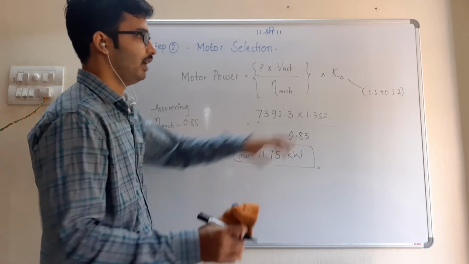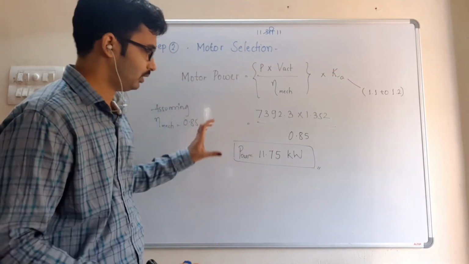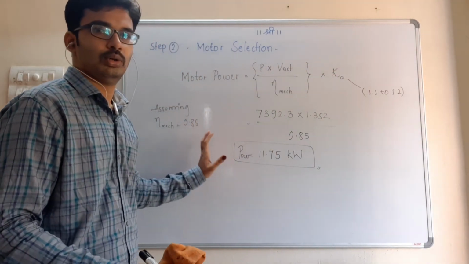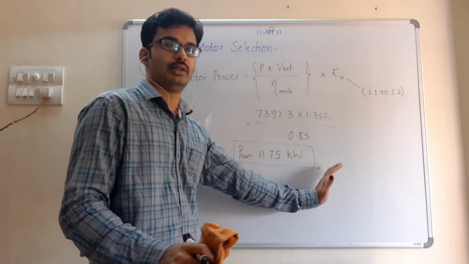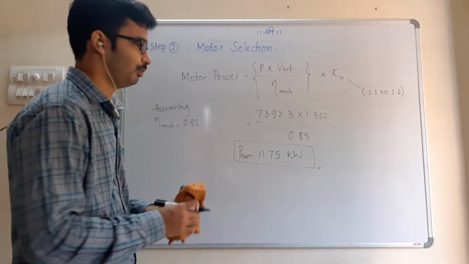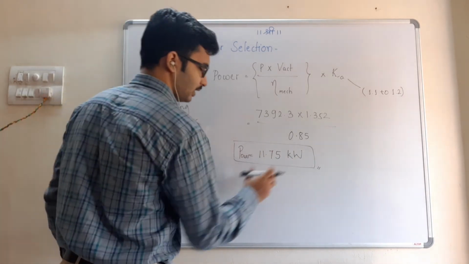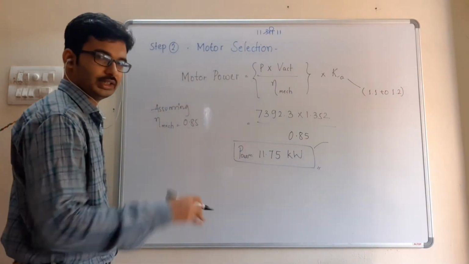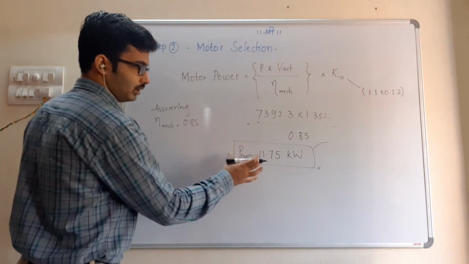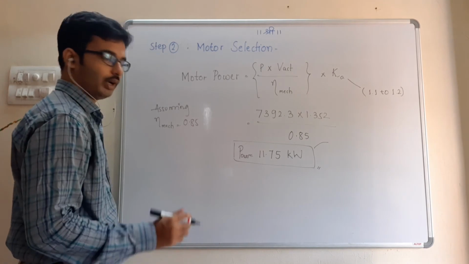Why can we neglect it? Because we are going to apply a standardization method for the selection of motor, and for standard size of the motor, we go for the next standard, that is, the higher standard of the actual power required.